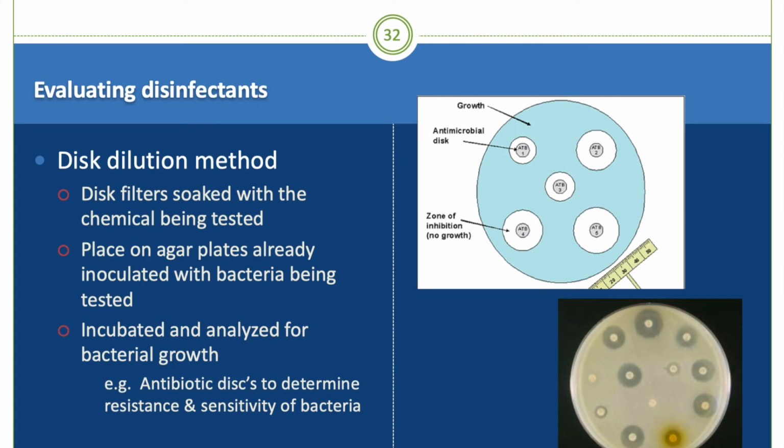Another way is to use a disk dilution method. You will do this in lab, and that is where you have disks that have been fortified with chemicals that are bactericidal or bacteriostatic. You place these on an agar that has the organism of interest on it. So let's say we want to test the efficacy of penicillin on, say, Staph aureus.